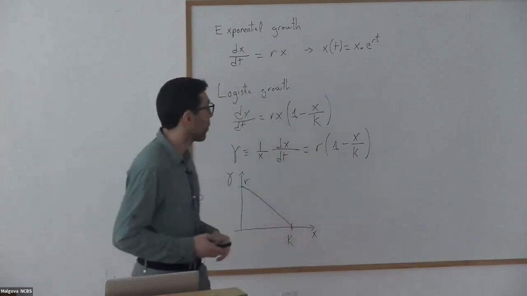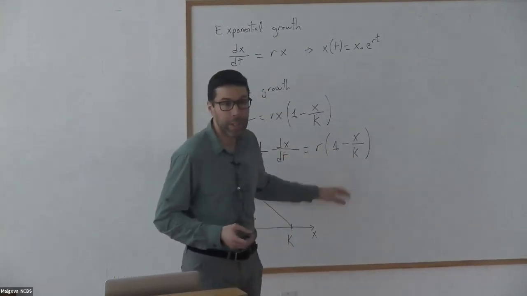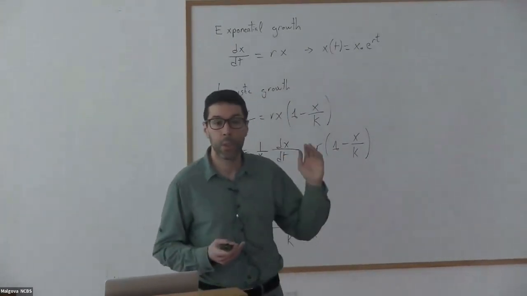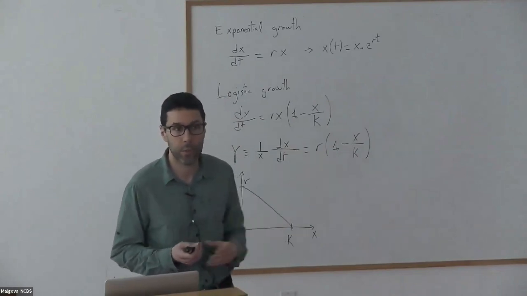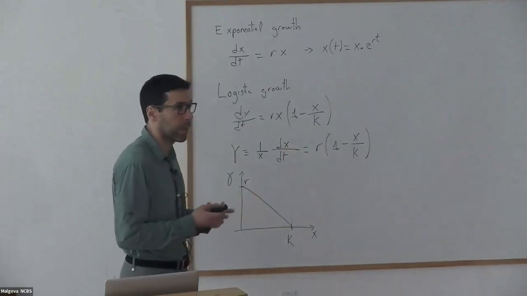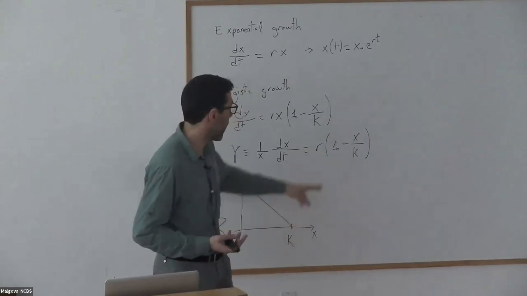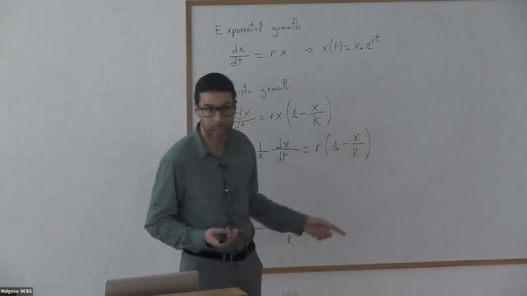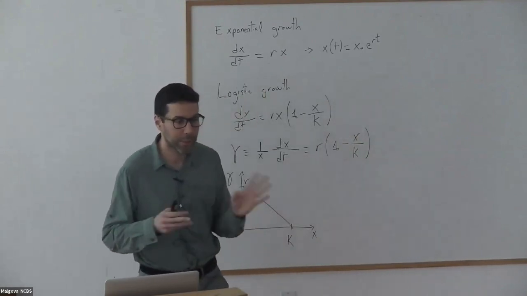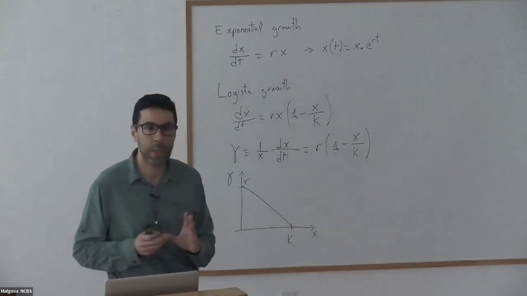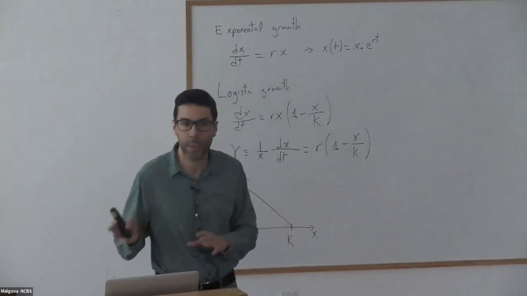Okay. Then we know that this is not the only way that we can capture the saturation of populations. It could come in different forms as well. This is the simplest one. And some of them will just have an exponent on x. The literature can be a little bit confusing because they call different models in different ways.